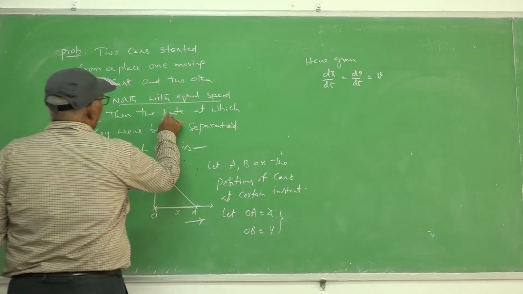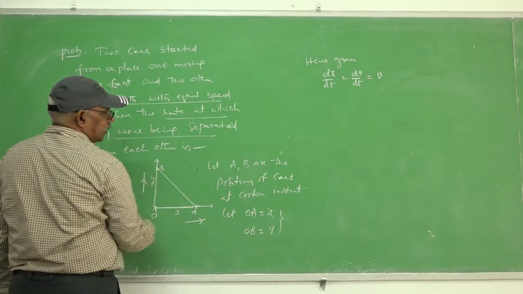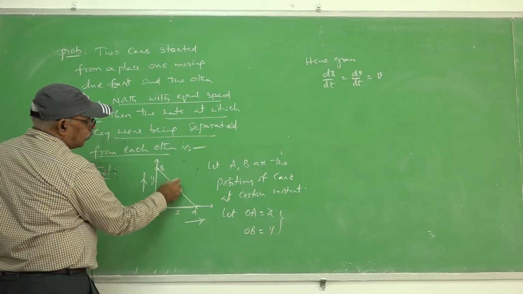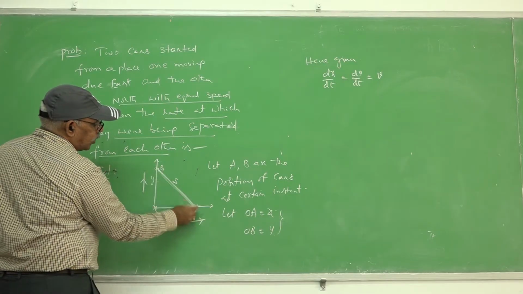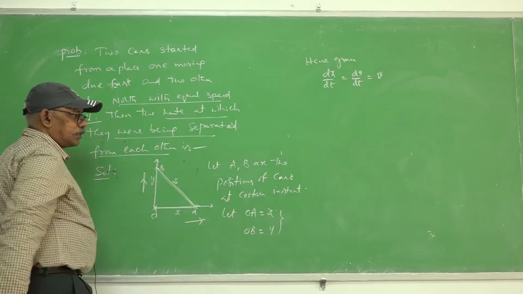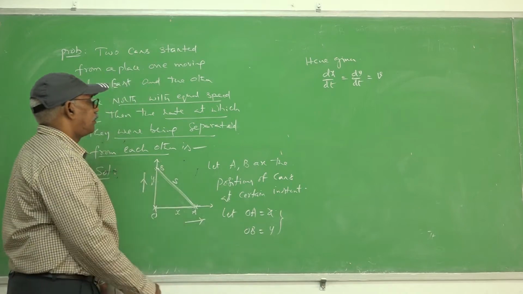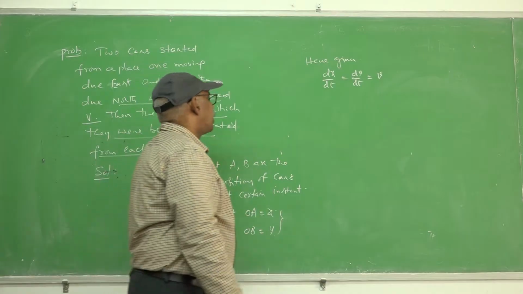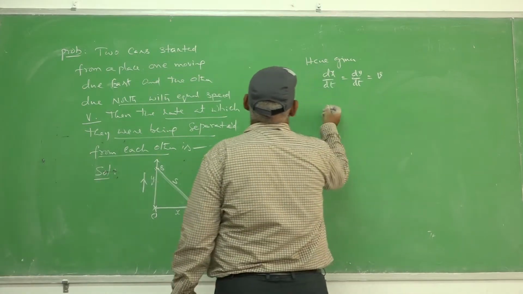Then we need the rate at which they are separated from each other, that means the rate of change of the distance s between the cars, to be evaluated here.